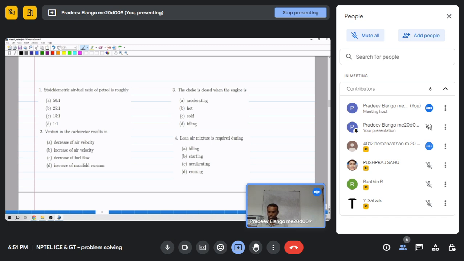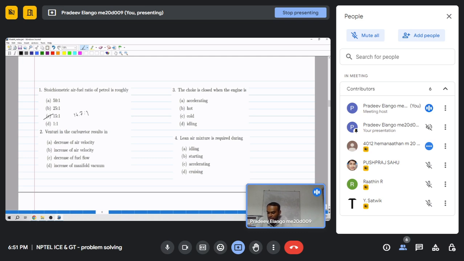You do not know the stoichiometric air fuel ratio for a petrol engine. So it is around 14.7:1. So approximately it is 15:1.